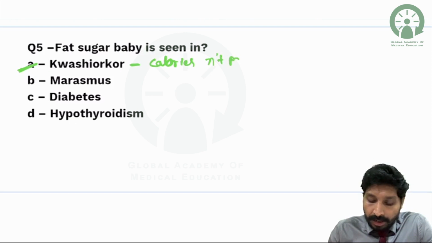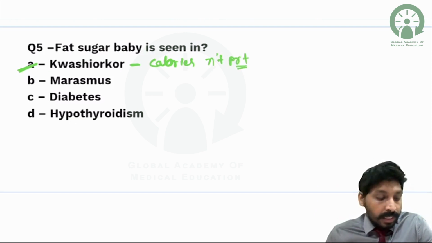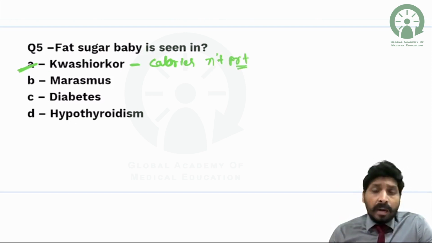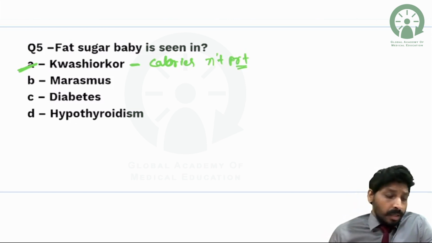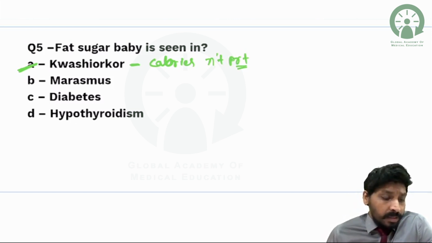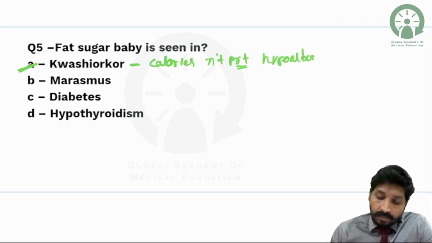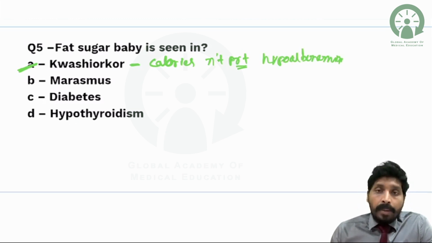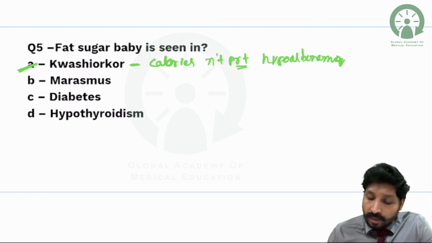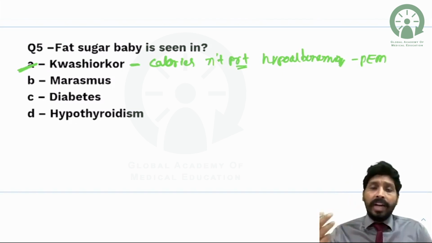not a protein diet. So in that condition, what happened? Only carbohydrate and fat are there in the diet. So because of that, what happens? It leads to hypoalbuminemia, and leads to protein energy malnutrition, and a characteristic of protein energy malnutrition is edema.